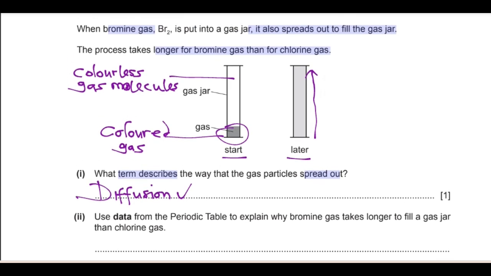Diffusion is different from Brownian motion. The way these two terms differ is diffusion deals with the movement of particles from the region of higher concentration to the region of lower concentration, as you just observed in my explanation.